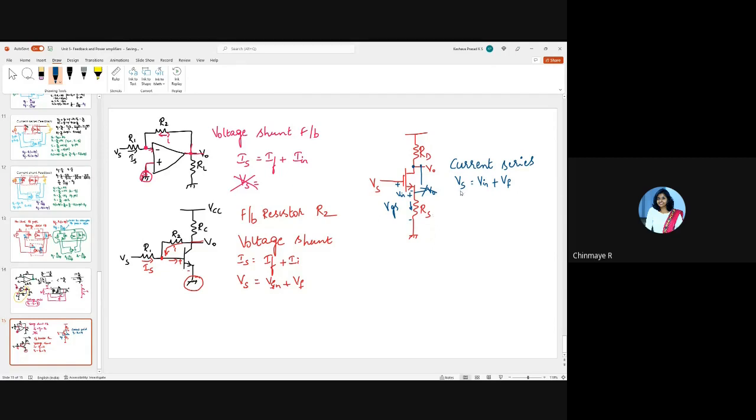So therefore, we can say Vs is equal to Vin plus Vf. Or in other words, the input voltage Vin is equal to VGS, which is nothing but Vg minus Vs. V at source is nothing but Vf, because we are calling Vf the voltage across this Rs. So this is a current series feedback.